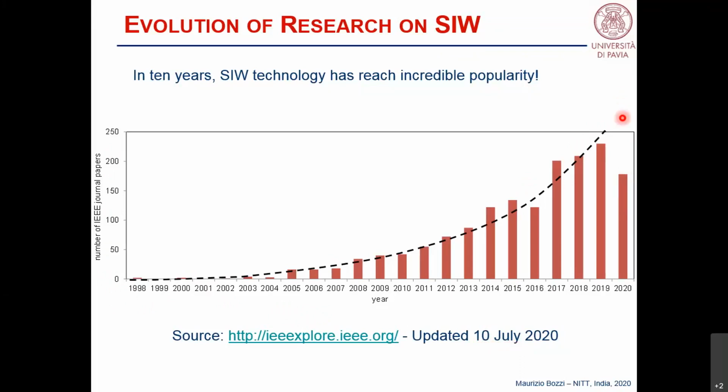That means that at the end of the year, we are going to be probably here. So a lot of groups worldwide are working on SIW technology, and a lot of companies, even big companies, are investing significantly on SIW research.